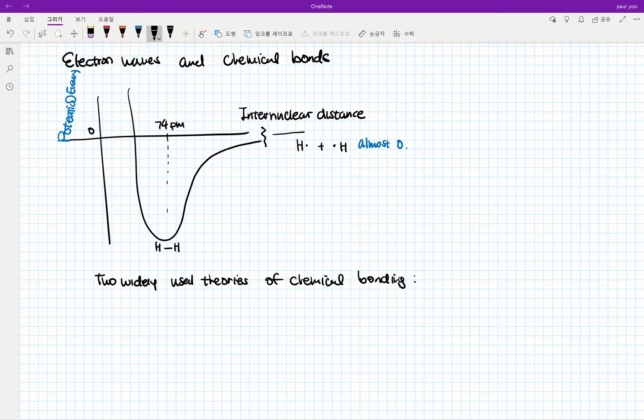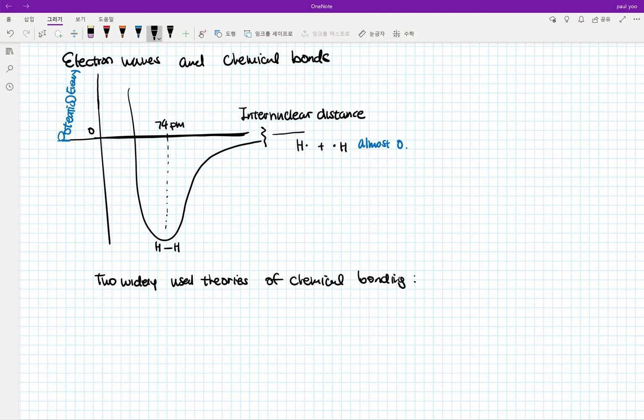Talking about electron waves and chemical bonds, here's a graph that introduces the hydrogen bond, or the bond between 2 hydrogen atoms. The y-axis is the potential energy, and the x-axis is the internuclear distance between 2 hydrogen atoms. 74 picometers is the ideal length where the hydrogen bond is usually found.